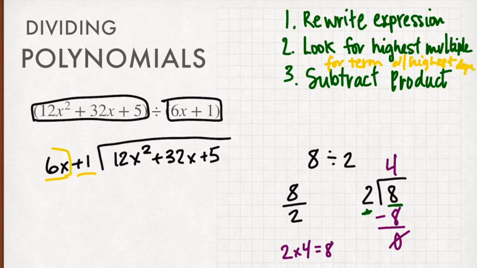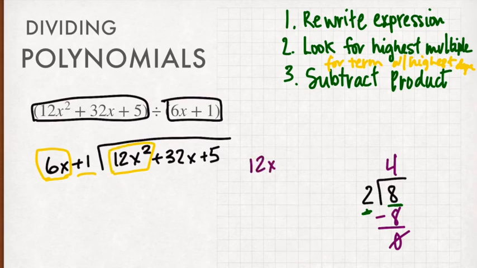In this case, we have our 6x plus 1. 6x is my highest degree, and 12x squared has the highest degree. I know that 12 divided by 6 is 2, and I know I can fit 2 x's into x squared. So I know that my answer would be 2x.